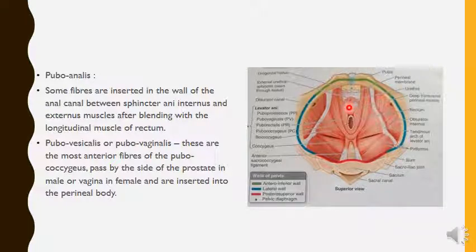So pubovesicalis or pubovaginalis, the most anterior fibers of the pubococcygeus, pass by the side of the prostate in male or vagina in the female, and are inserted into the perineal body. So here, in between the anorectal junction and the vaginal opening, we will see the perineal body. There these pubovesicalis fibers will get inserted.